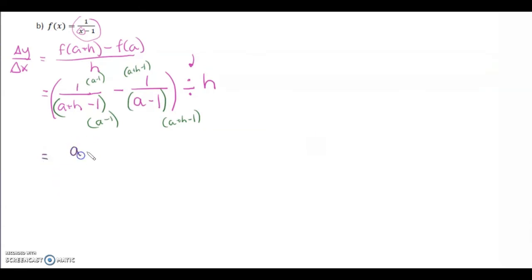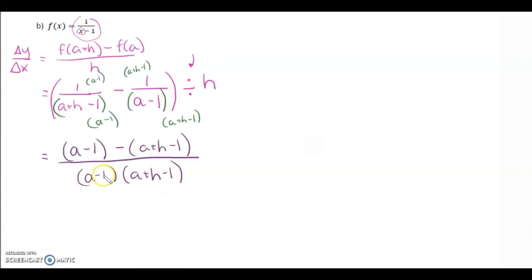Okay. And then that's going to give us (a minus 1) minus (a + h minus 1) all over the same denominator, which is going to be (a minus 1)(a + h minus 1).